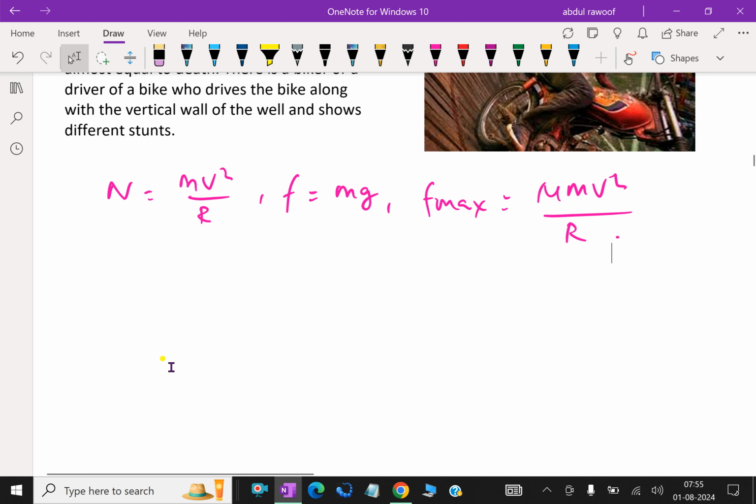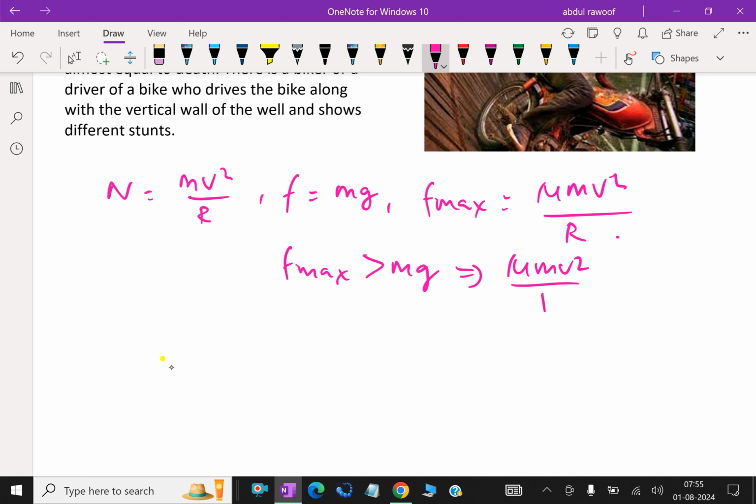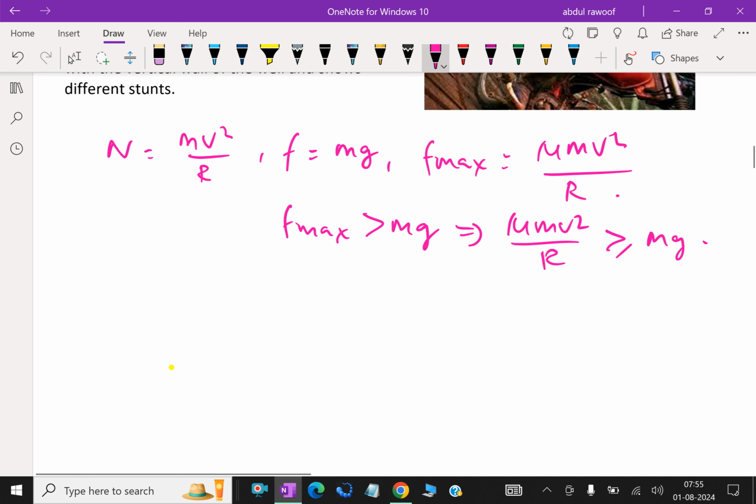So know that here F max must be greater than or equal to mg, which gives mu mv squared by r must be greater than or equal to mg. From this relation we get v is greater than or equal to the square root of gr over mu.